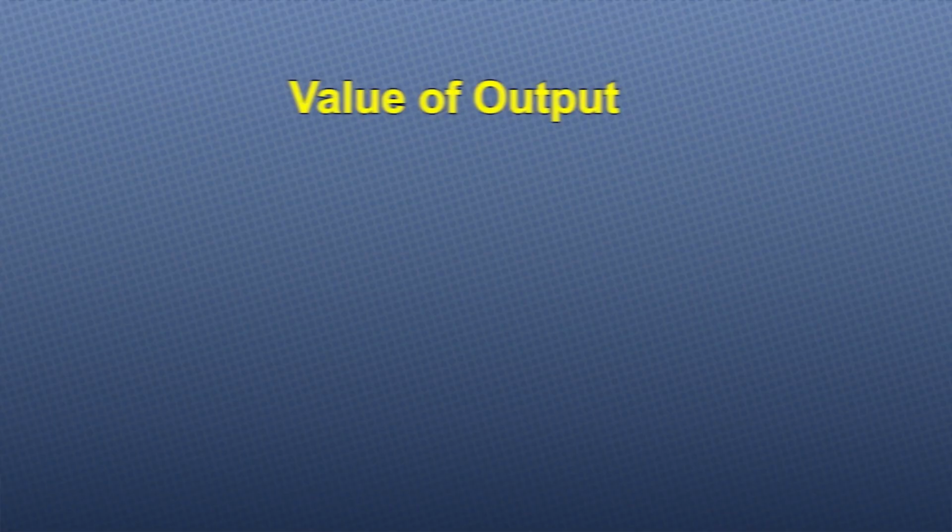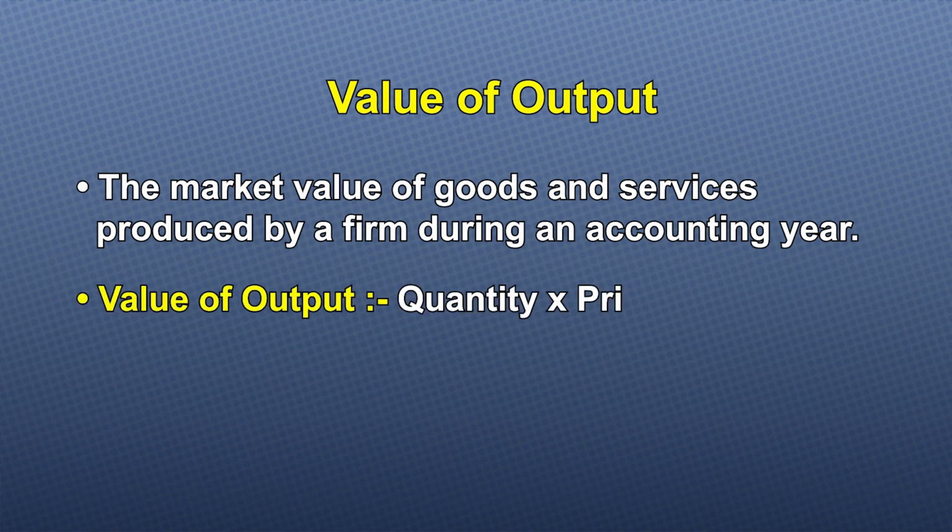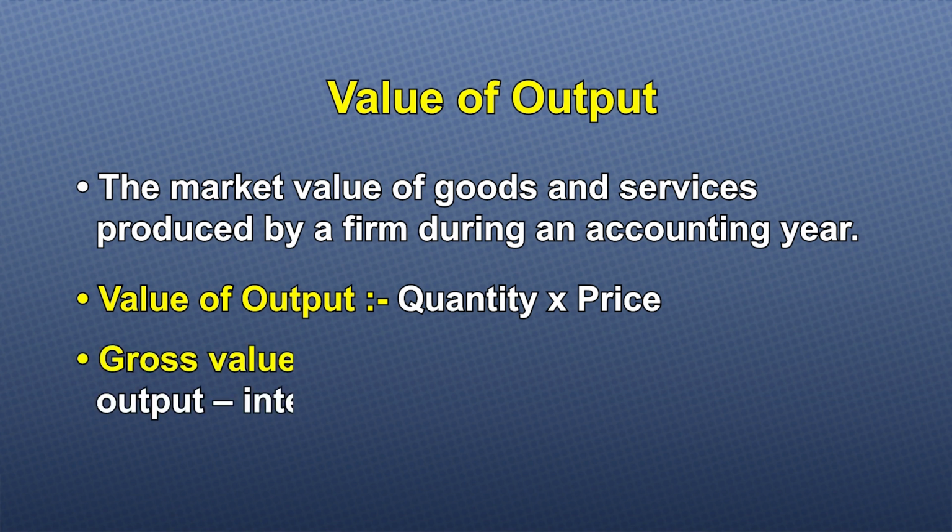Here, it is also important to understand the meaning of value of output. Value of output is the market value of goods and services produced by a firm during an accounting year. Value of output can be calculated by multiplying the quantity of output with its market price.